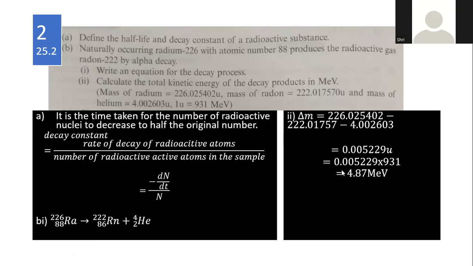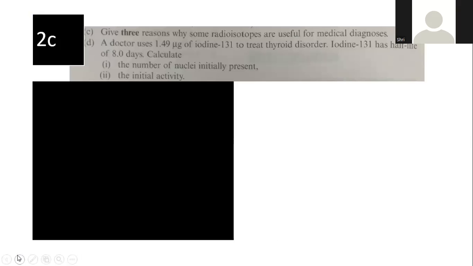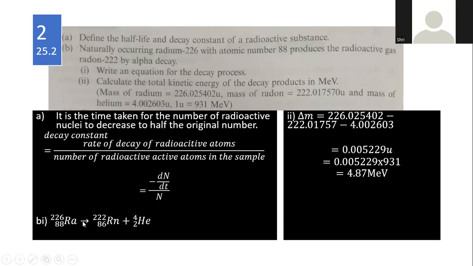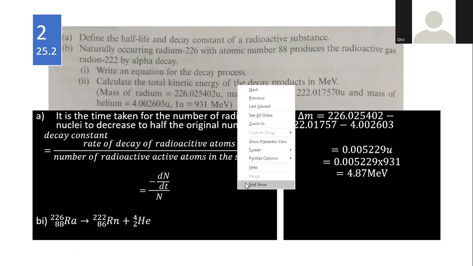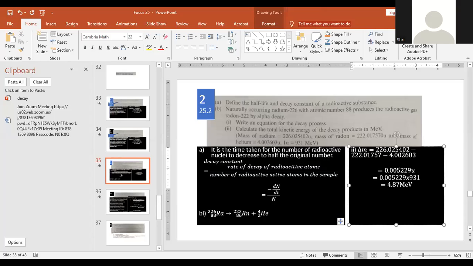This energy is the kinetic energy. Just write another step: this is the total kinetic energy of the decay product. Anything that is not clear?